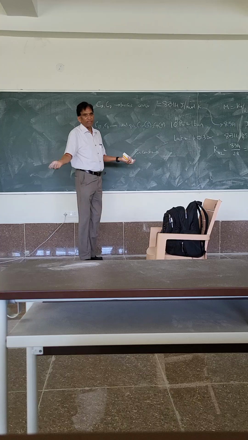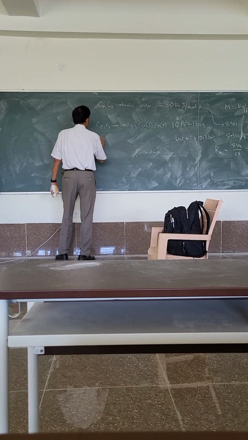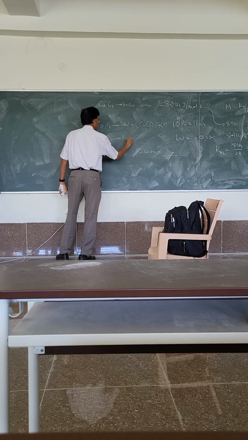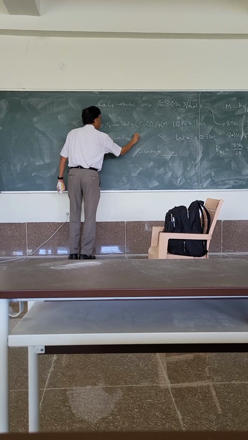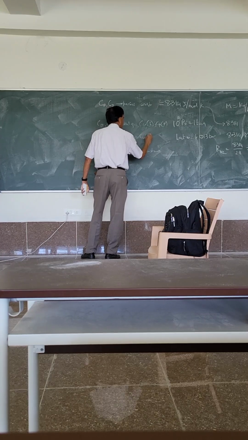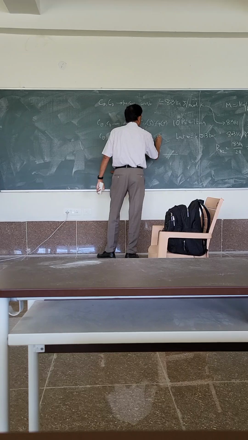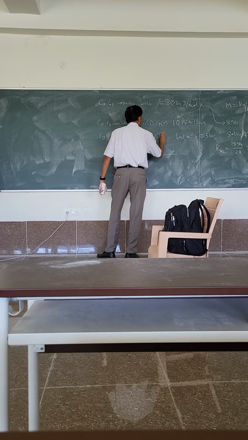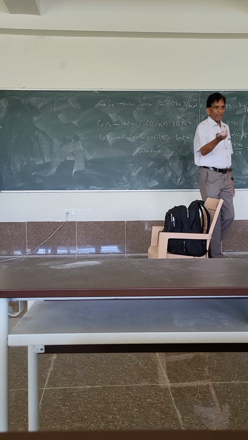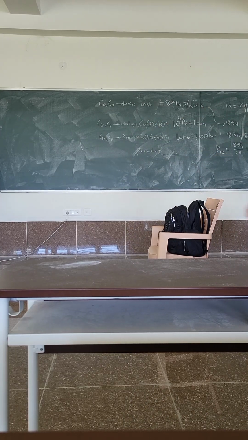For real gases, Cv is a function of pressure and temperature, and Cp is also a function of pressure and temperature. That's the distinction between perfect gas, ideal gas, and real gas.